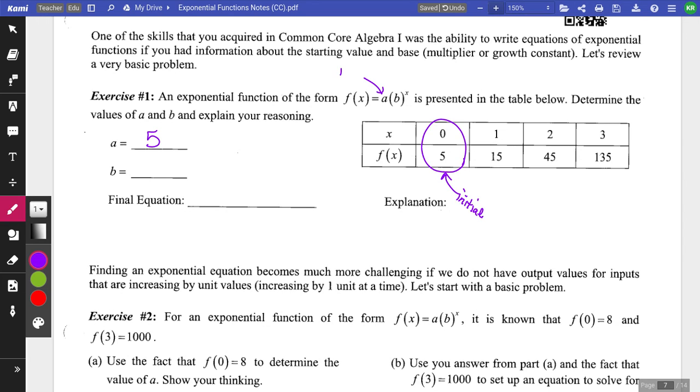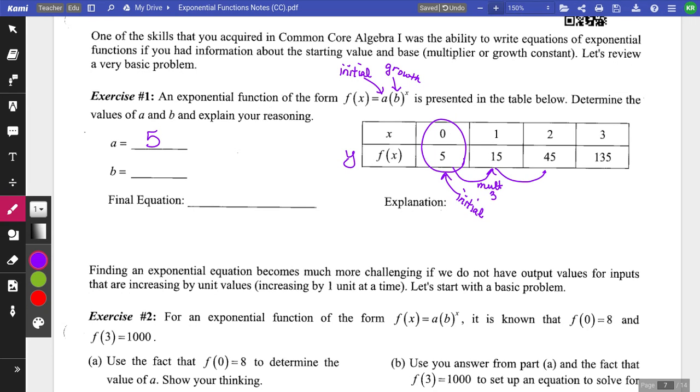Your B is your growth factor, whether it's increasing or decreasing. We're not given our growth factor, but we are given these ordered pairs that follow a pattern. If you look at your y values, or that f of x value, if you go from 5 to 15, you multiply by 3.